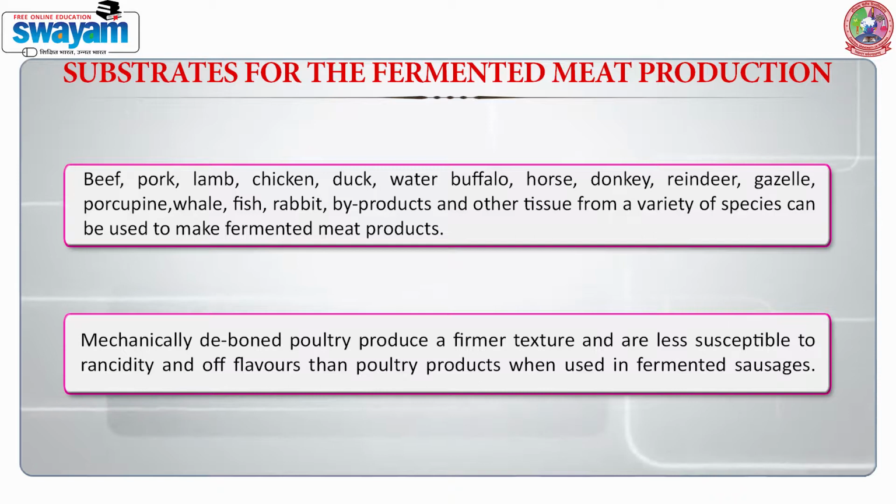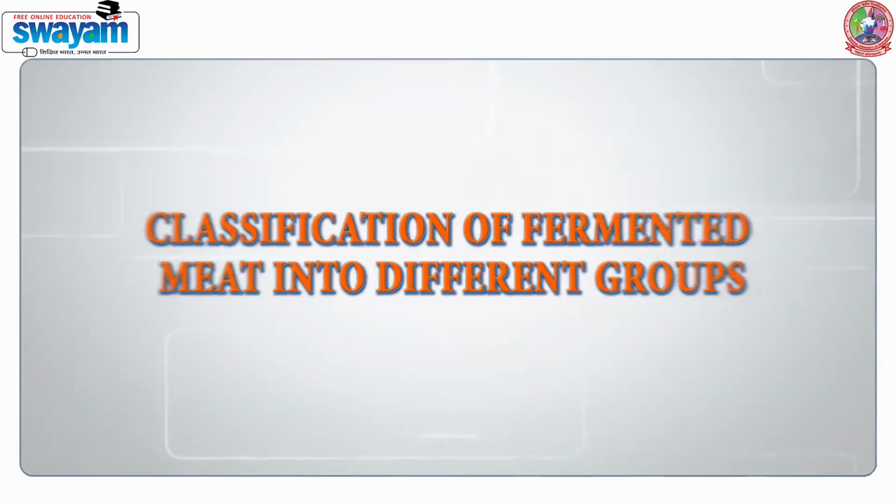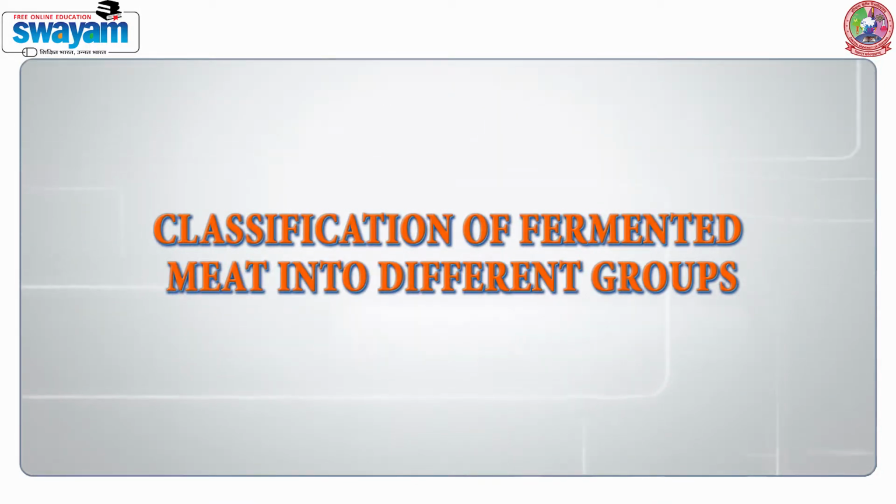Mechanically deboned poultry produces a firmer texture and is less susceptible to rancidity and off flavor than other poultry products used for production of fermented sausages. So we can see that practically all types of animals can be used for the fermentation of meat products.